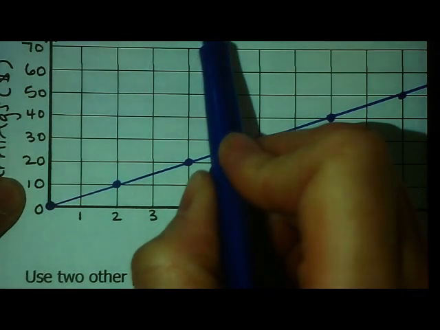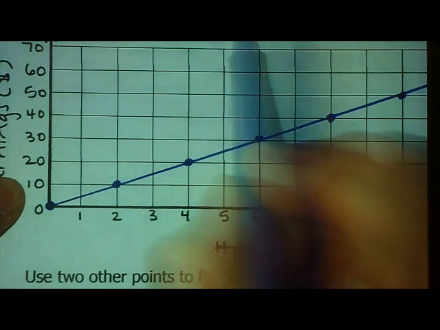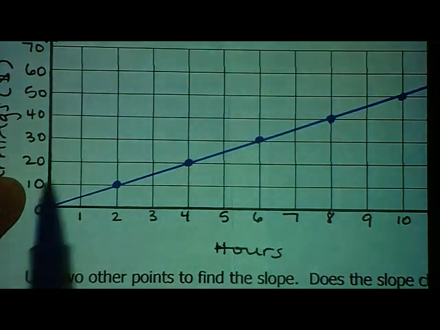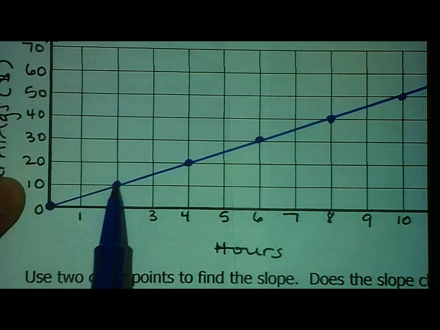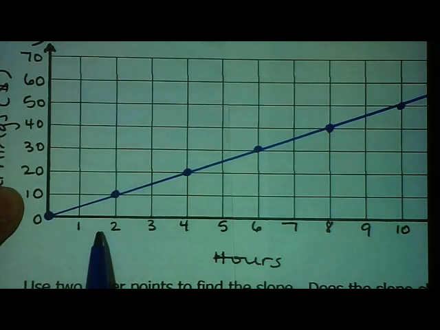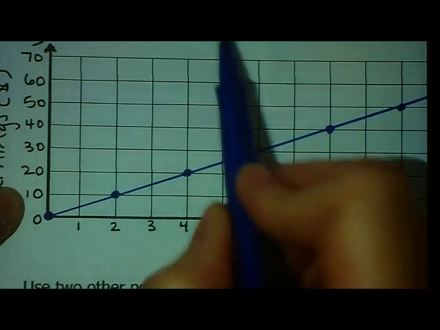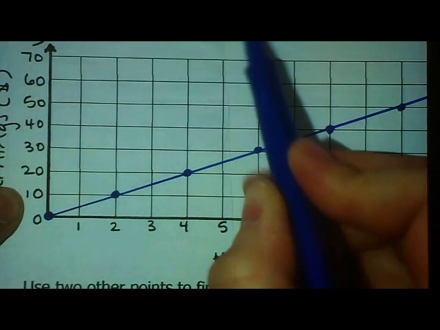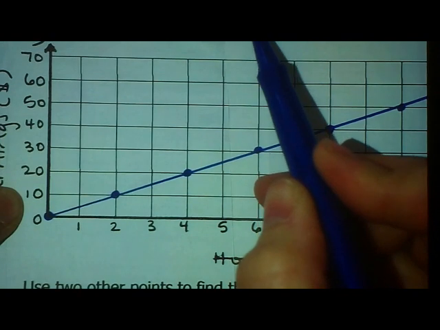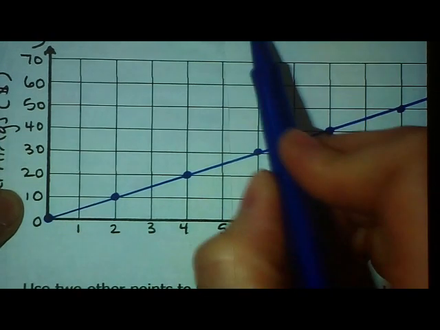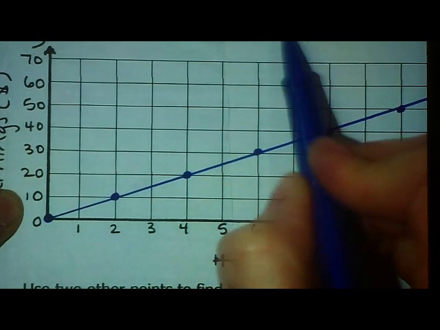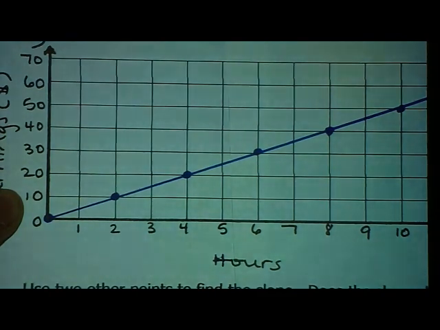So my change in y is 10. My change in x, I'm going over 2 lines, but you'll notice that since our x-axis is counting by ones, I'm going over 2. My change in x is 2. Now you, of course, wouldn't leave your fraction like this. 10 divided by 2 is 5. That's the slope of this line.